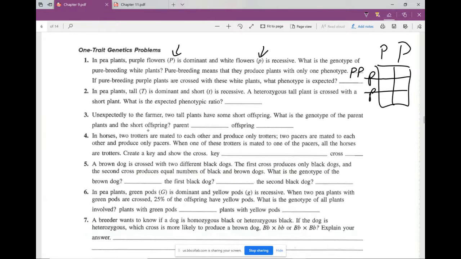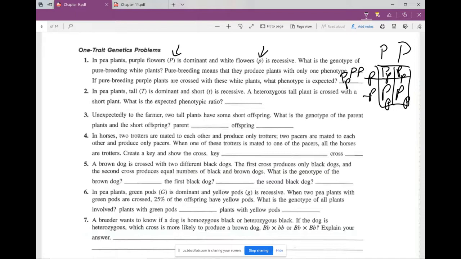I made a mistake here. And in that case, everybody's going to be heterozygote, right? So big P, little p. Use a little Punnett square to figure it out.